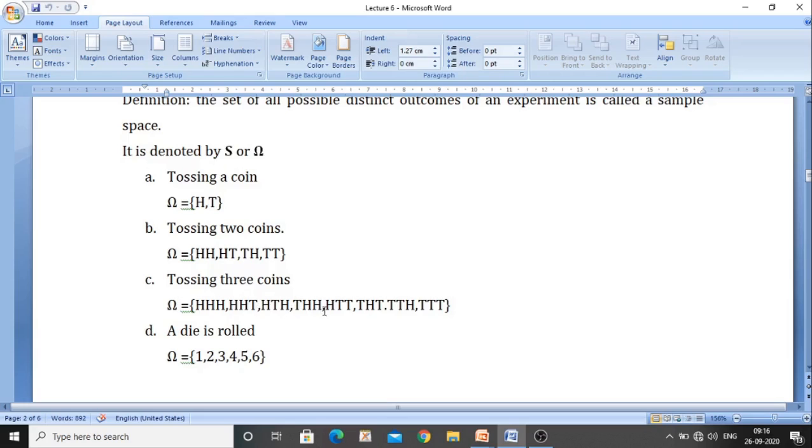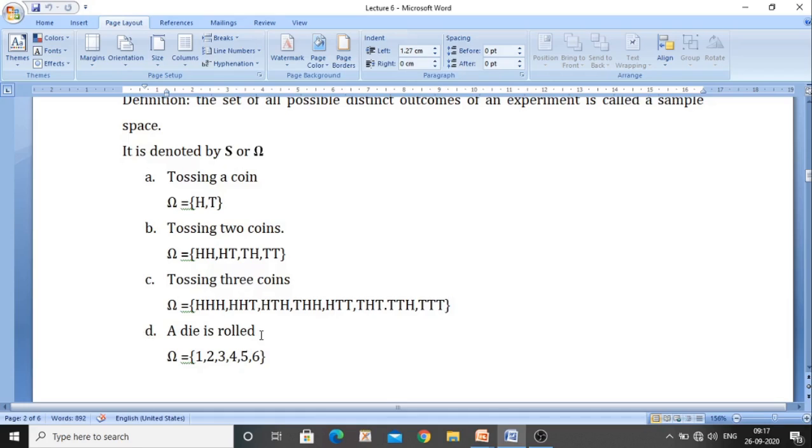Now reduce one H and introduce one T, that means one H and 2T, and arrange them: HTT, THT, TTH. The last one is all T, that is TTT. So these are the 8 outcomes of this sample space.